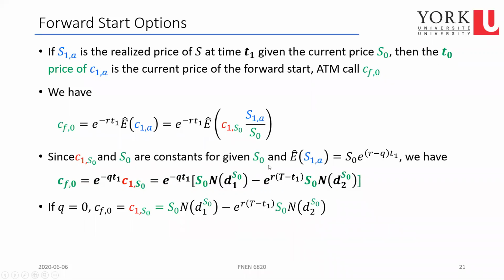You can do this for a call. You can equally well use the same approach to price a forward start put as well. And I'm going to leave it as an exercise to the class to do that. So make sure you try it out and you are comfortable deriving its formula.